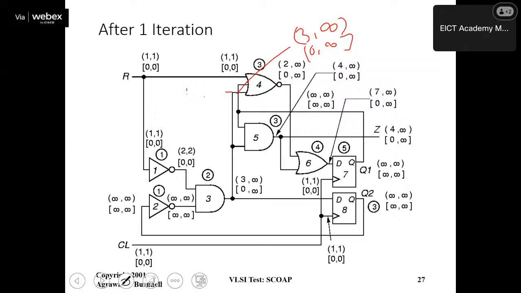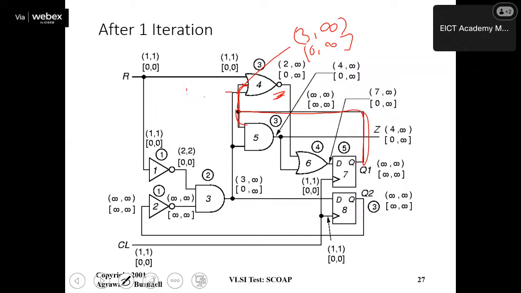And what about this? Look at this, these are coming from here, so these values are infinity, right? So can I compute for the NOR gate? For the NOR gate, how can I compute? NOR gate means just the inverse of the OR gate. So for the OR gate, CC0 is the hardest possible, meaning the sum of all. So it means CC1 of this will be the hardest possible. So I can compute CC0.